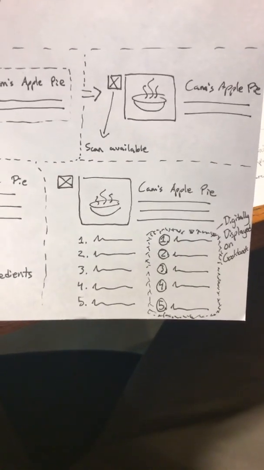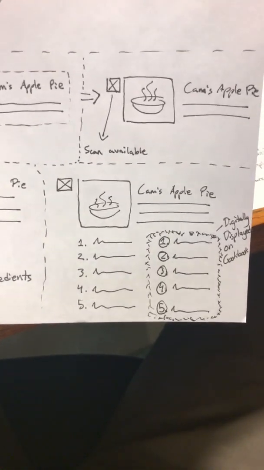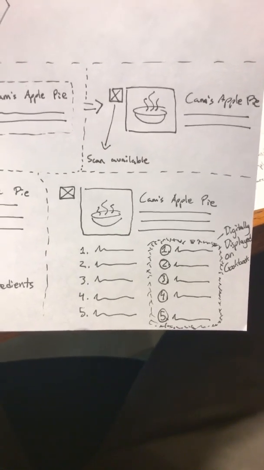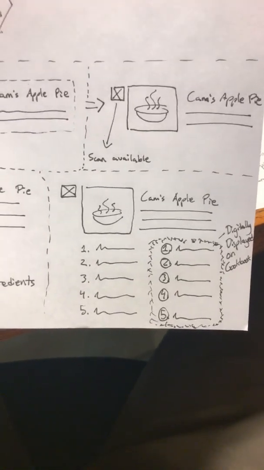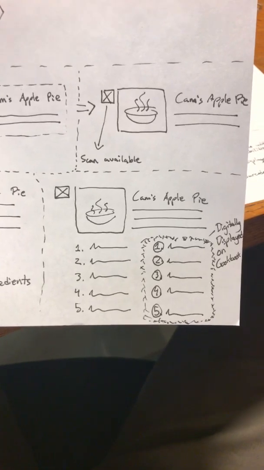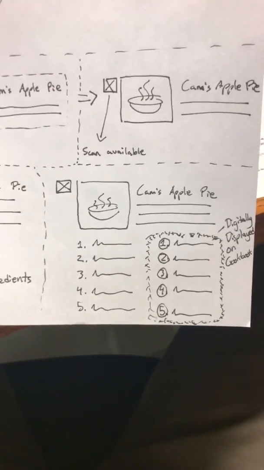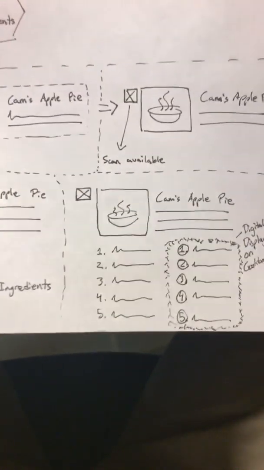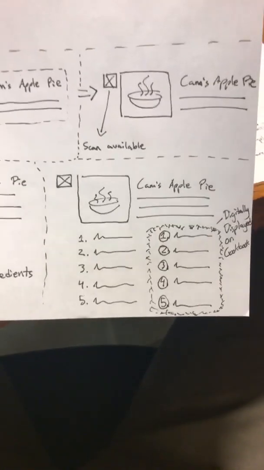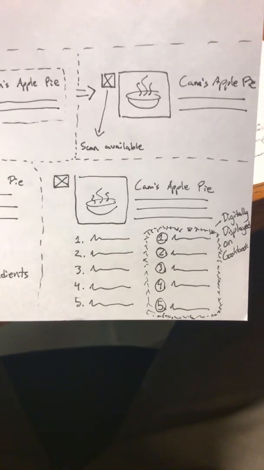And then finally, the results of Cam's apple pie are shown next to it. They're digitally displayed on the cookbook. So they're always placed next to or adjacent to, etc. And yeah, so you're able to recognize the recipe, switch out or replace things that are alternatives, and help you answer your question, what can I substitute in this recipe?